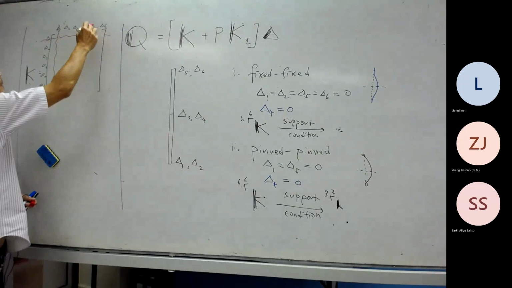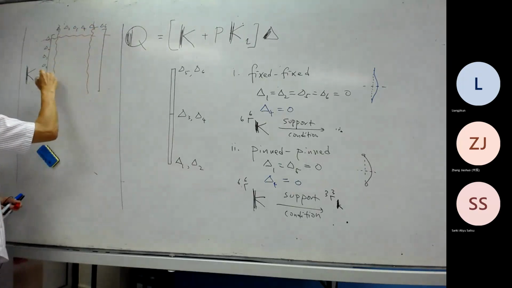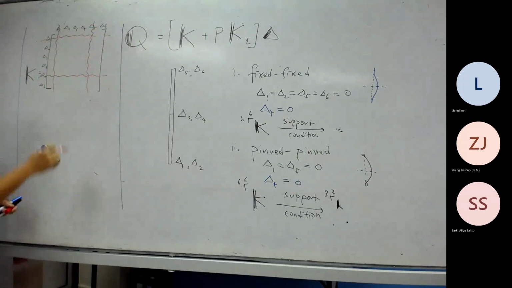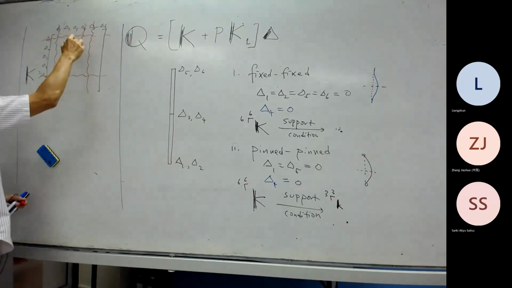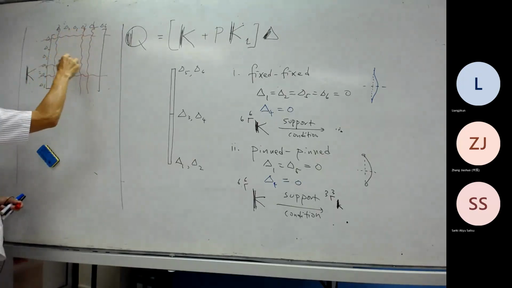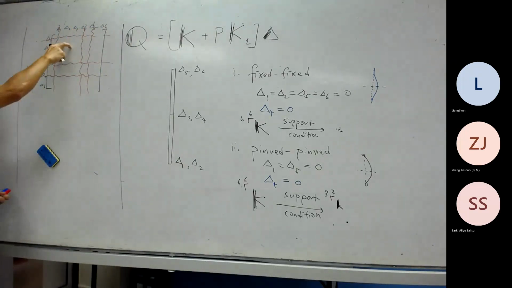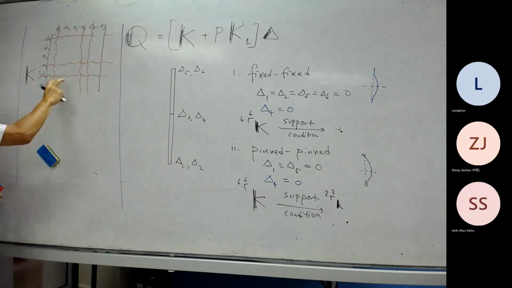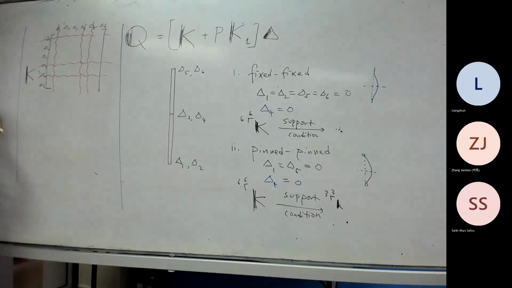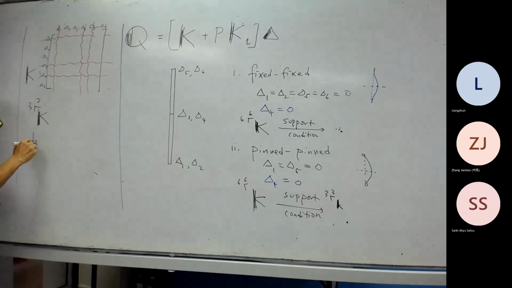Delta 5, so row number 5, 0, delta 4, so as a result, we have only this part and this part remains. So the actual K that we have to solve is a 3 by 3. Then we apply.